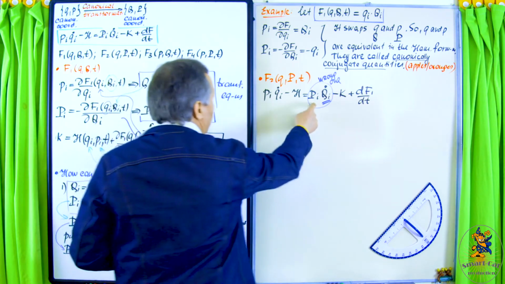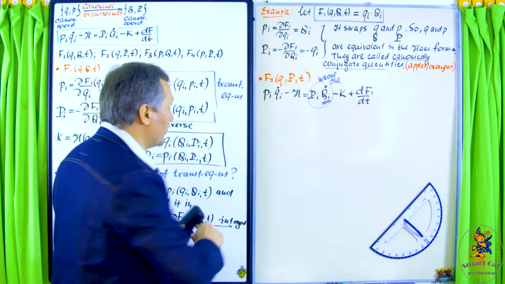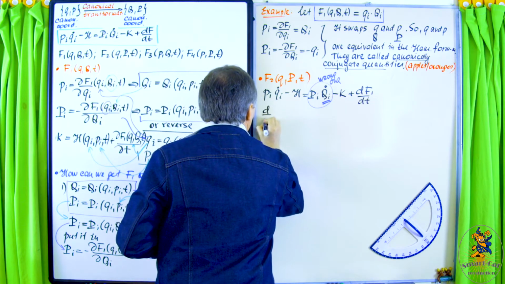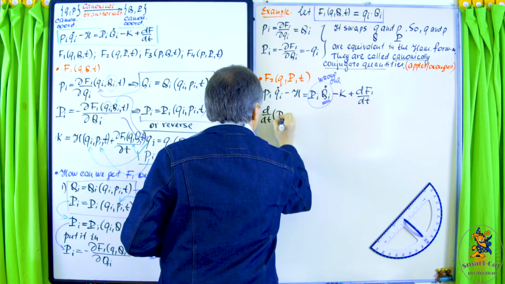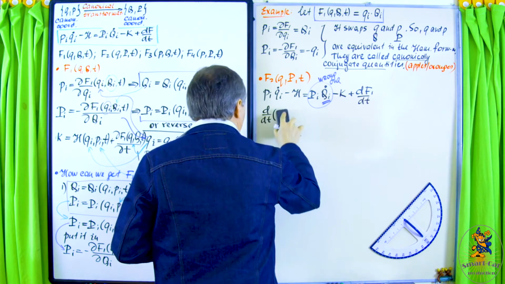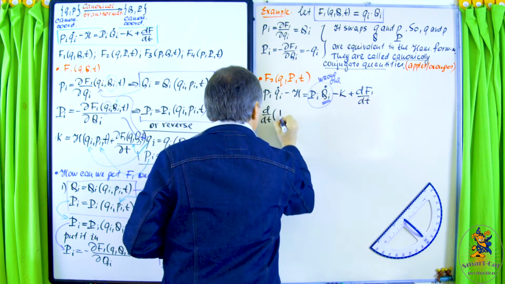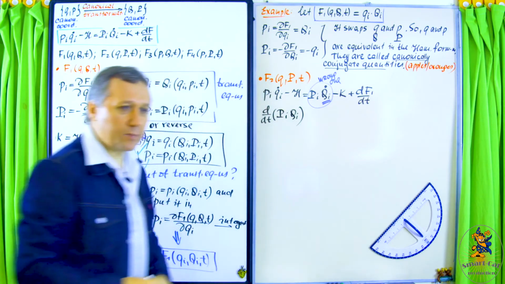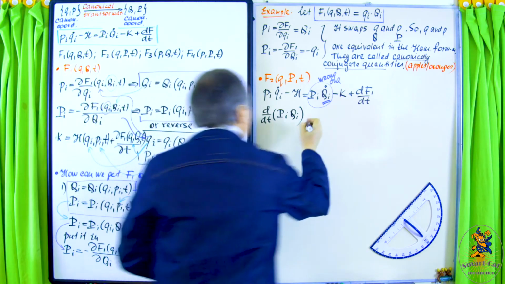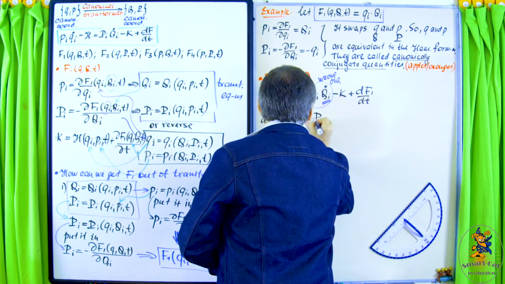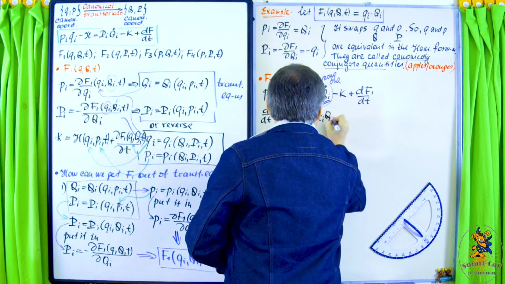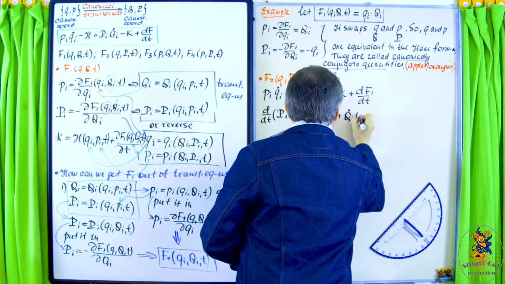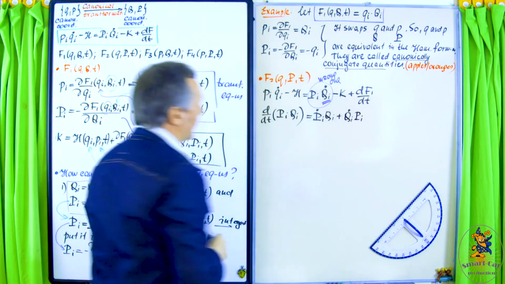Okay, so now let's fix this term. And of course, we can easily replace it. If you look at the total time derivative of the product P capital, Q capital, of course, you will end up with P_i dot Q_i plus Q_i dot P_i, right?